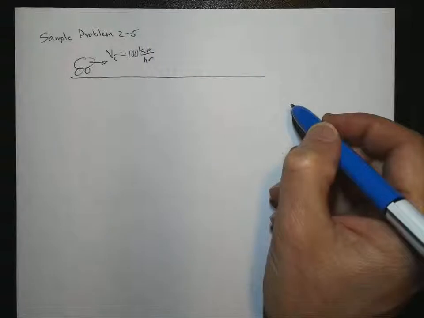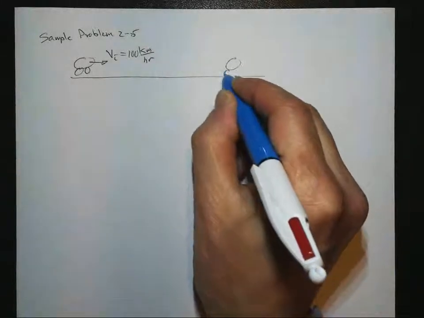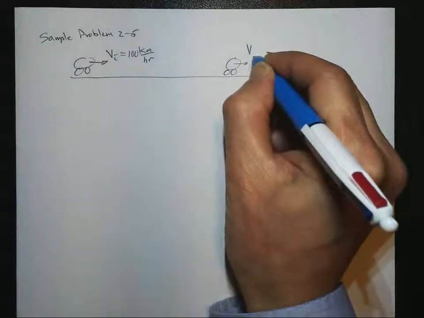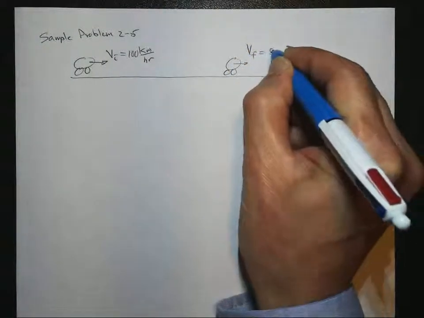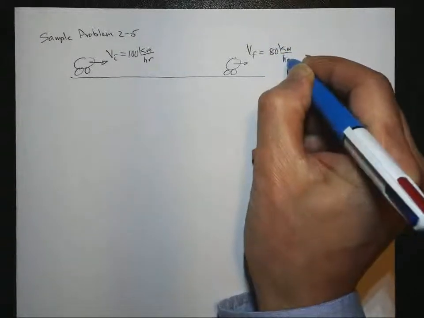Further down the road, he is now moving with a later velocity, which we'll call VF. The driver is moving the car at a final velocity of 80 kilometers per hour.